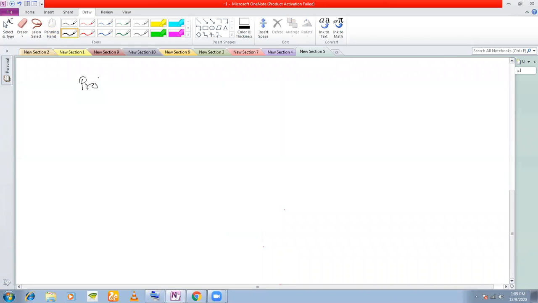Problem 2. The problem here is integral 0 to pi by 2 of sine square x dx.